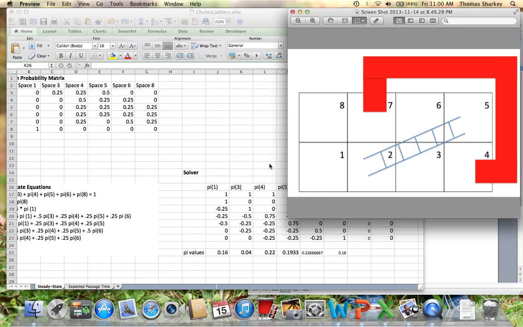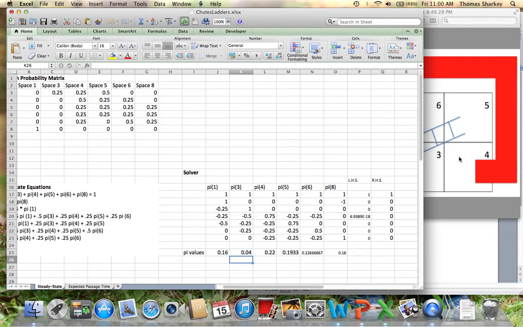So looking at this, we spend the most time on space 6, but not too much more than we spend on space 4. I think the reason we spend slightly more time on space 6 is this stalling phenomenon. If I'm on space 6, spinning a 3 or 4 will cause me to stay on space 6.